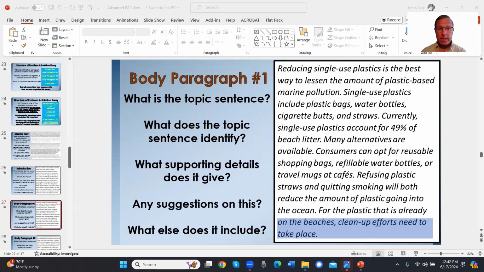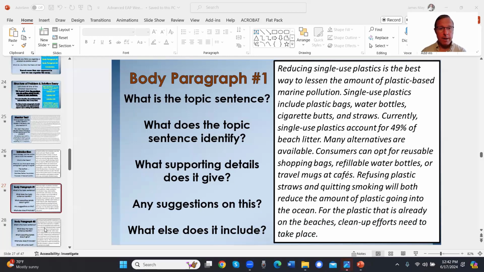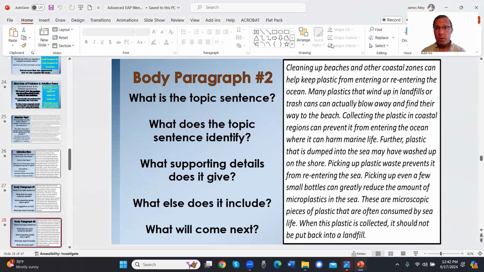So the author's transitioning to our next topic sentence, to our next body paragraph. Here they go to talking about beach cleanups. That's our topic sentence. They've got lots of great supporting details. And then we've got a transition.